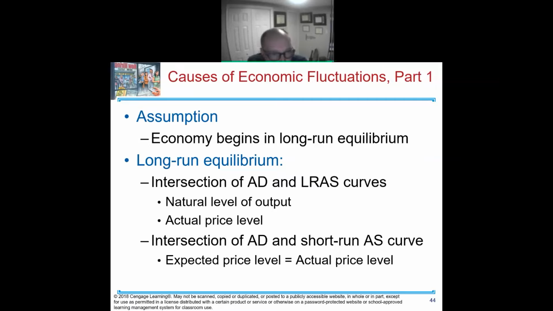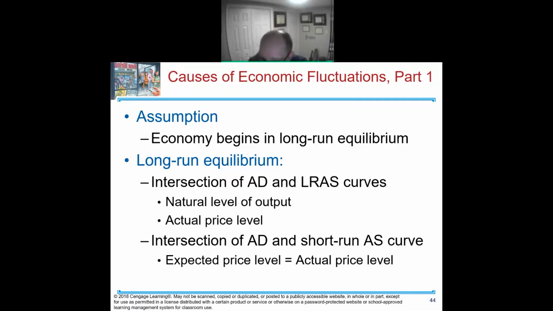A couple of assumptions. Why do economic fluctuations happen? Why do recessions happen? Why does growth happen? The economy begins long-term in equilibrium. With long-term equilibrium, there will be an intersection where the aggregate demand equals the aggregate supply.